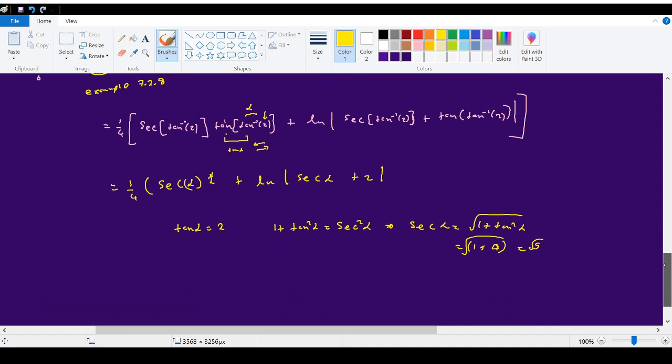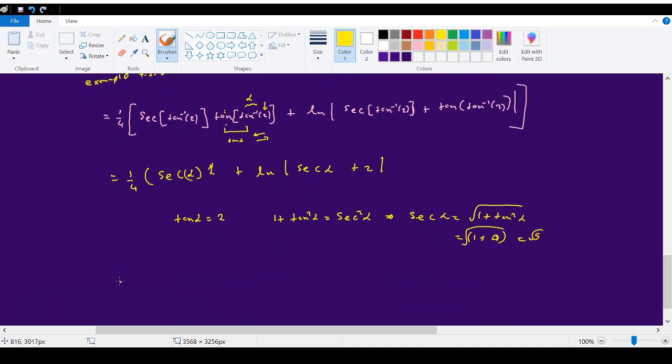So we can replace sec alpha with the square root of 5. So now this 2 and this 4 will be simplified, so it becomes half, and for sec alpha we can write the square root of 5, and inside the logarithm we have the square root of 5 plus 2.